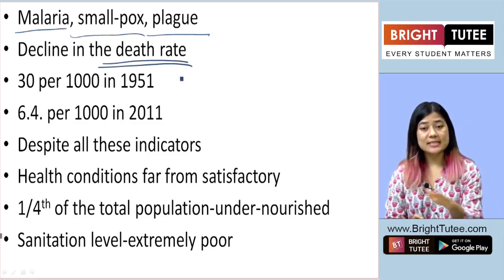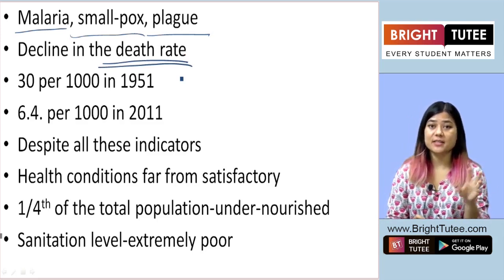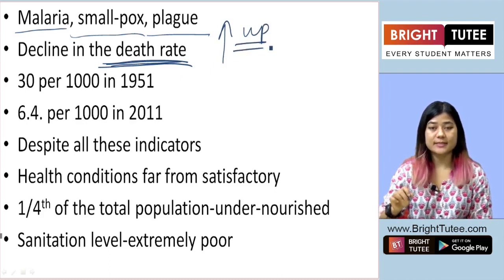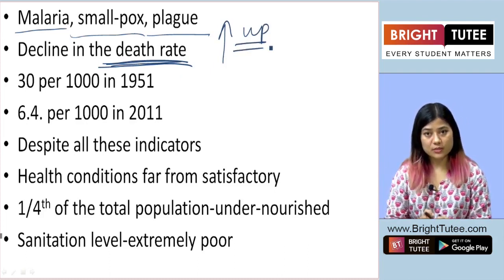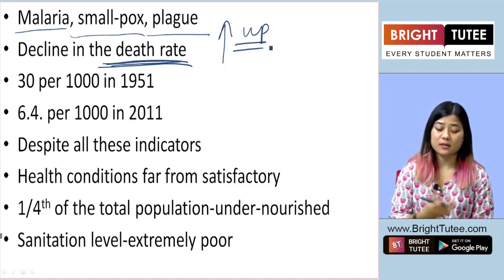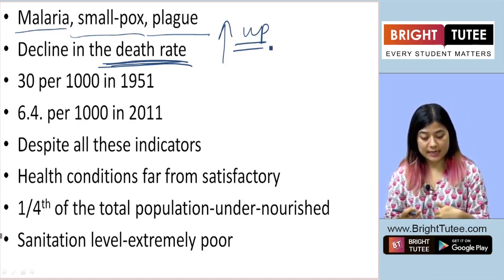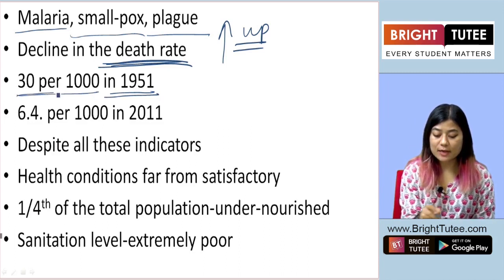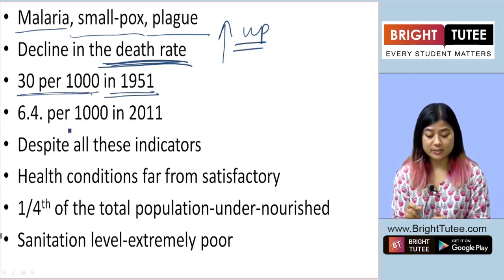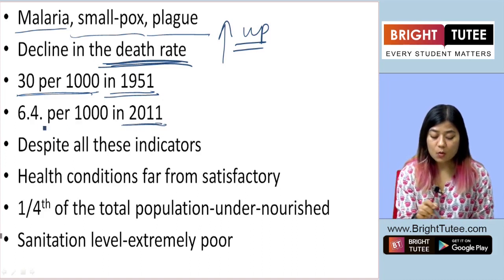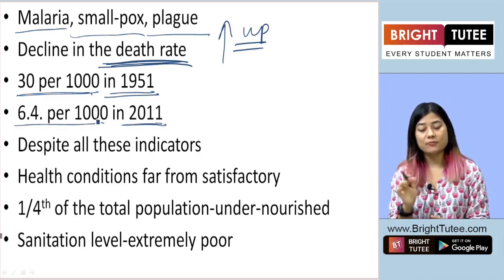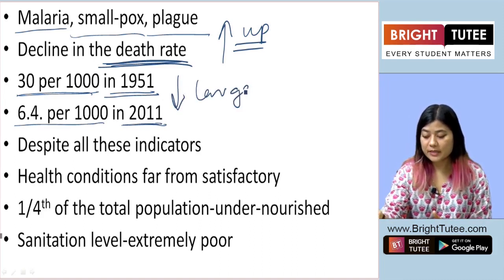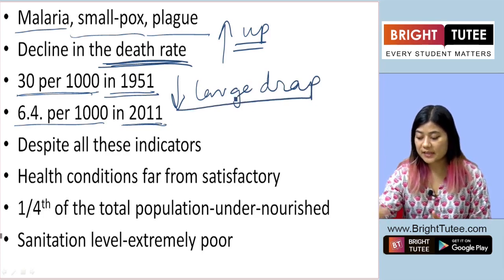Had these diseases not been prevented and controlled, the death rate would have gone up. But because of the measures taken by the government, the rate declined. In 1951, 30 per 1,000 people died due to these diseases. But in 2011, only 6.4 per 1,000 people died. So you can see there is a large drop in the death rate.